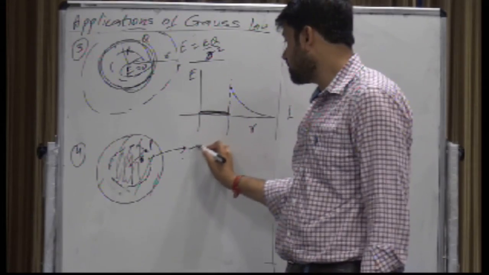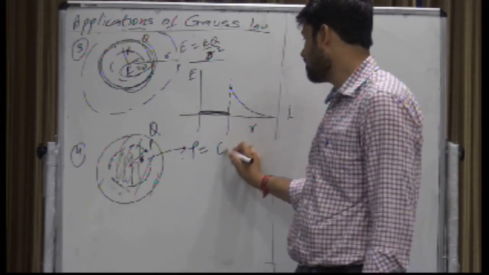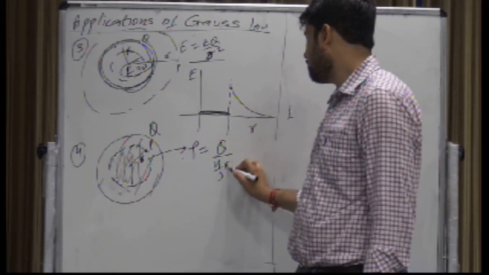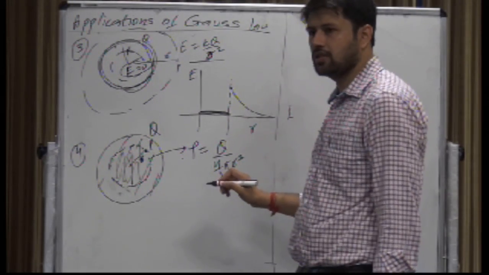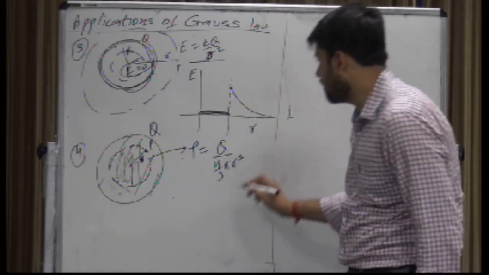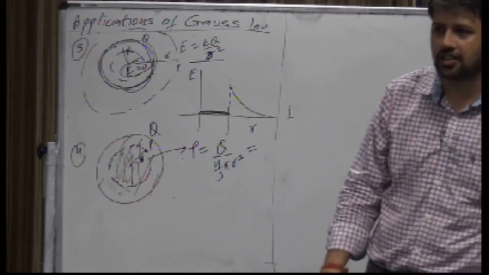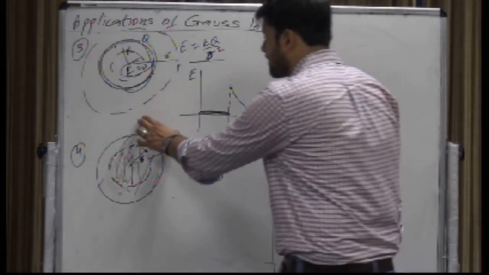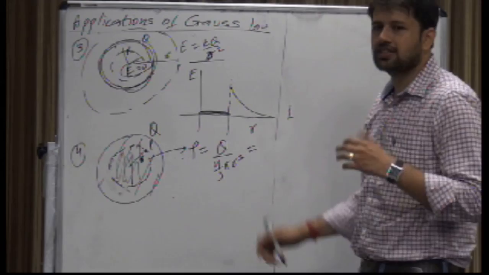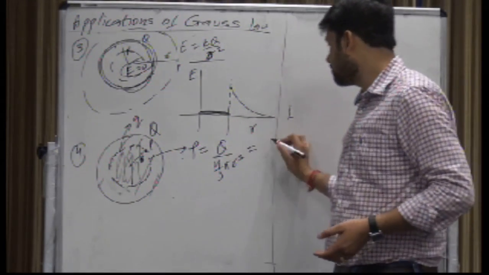The volume charge density for this sphere, if Q is the charge, would be Q upon 4 by 3 pi R cube. For the inner portion, it is a uniform charge density. So total charge by total volume is the same as small charge by small volume.